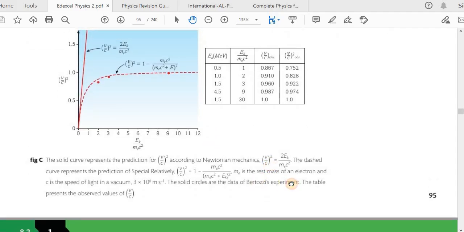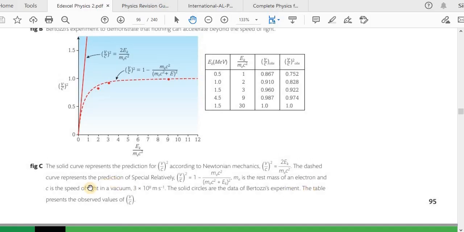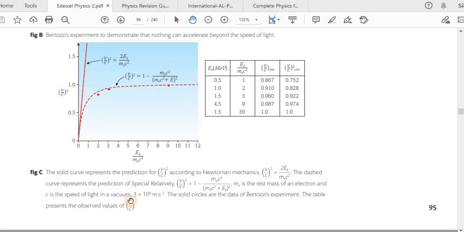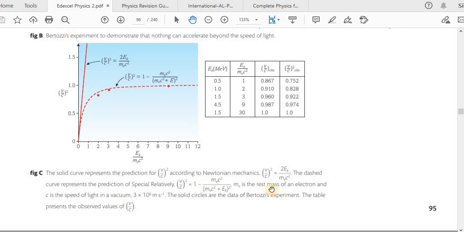The mass of the electron is the rest mass of an electron, and c is the speed of light in a vacuum, which is 3 into 10 to the power 8.